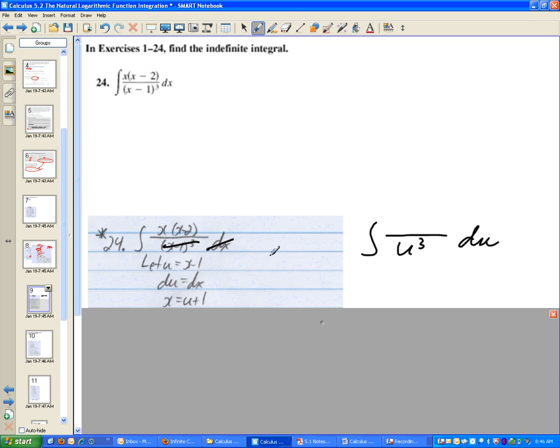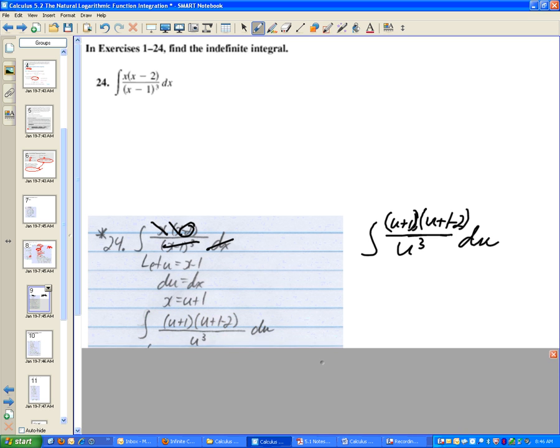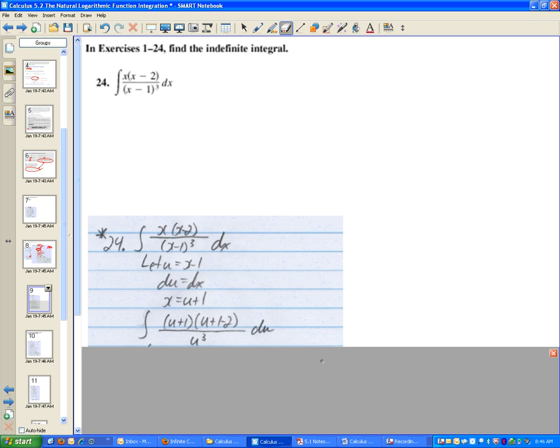So instead of those x's I was stuck with a minute ago, replace them with u plus 1. Replace that x with, oops, not x plus 1, u plus 1. Don't forget the minus 2, like so. All right.